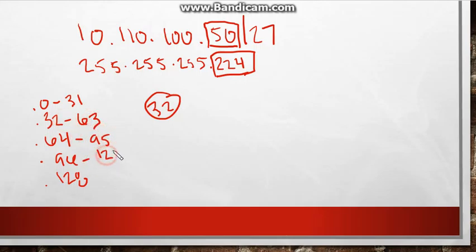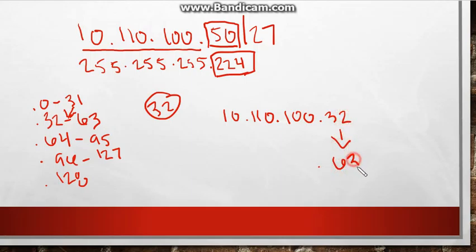Just like this, 95, 127. So our networking bits are these right there. If we were to find the subnet ID of this .50, the whole subnet ID is going to be 10.110.100. Where does 50 lie? 50 lies right here, so it's 32, and the broadcast IP is .63.